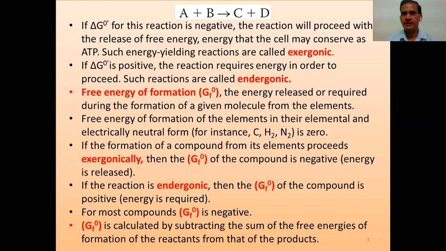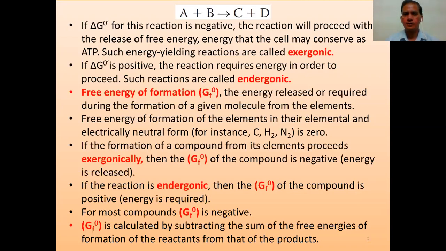Wherever you see negative, it means the energy is released. And if the energy is required, the reaction is going endergonically. In this particular case, Gf0, the free energy of formation, will be positive. So right away, looking at the notation, Gf0 positive or negative, we can say whether the reaction is exergonic or endergonic.